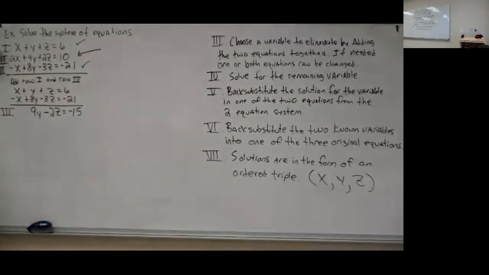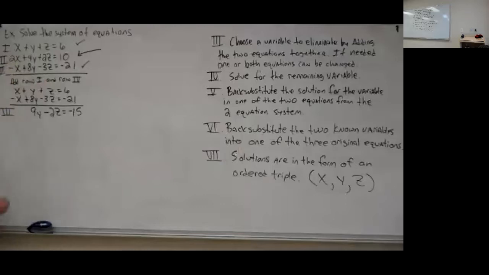I'm going to take row 2 and add that to row 3 to get rid of the x's, but I got to do something to row 3, right? Because row 3 just got an x, and I need to get rid of a 2x. So can I not multiply row 3's whole row by a 2? So multiply this row by 2, that'll give me negative 2x. That's going to add to the 2x and get rid of the x's, okay?